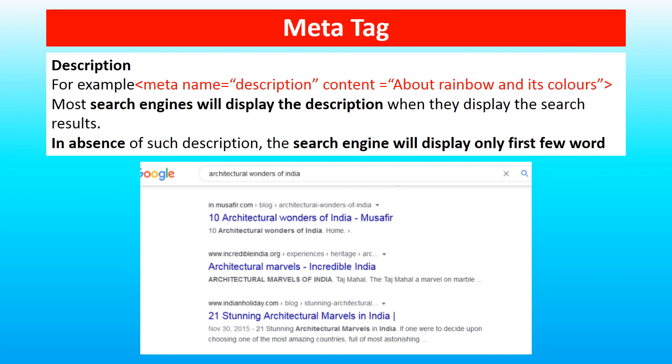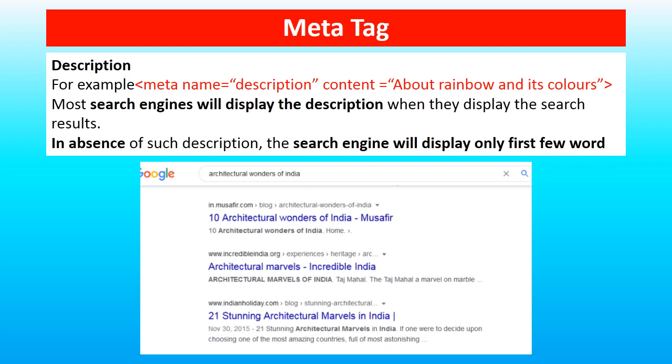Okay, so whenever any person tries to get information about rainbow, and if he happens to meet our website, then in the search result it will show the name of our website, and below that it will display about rainbow and its colors.